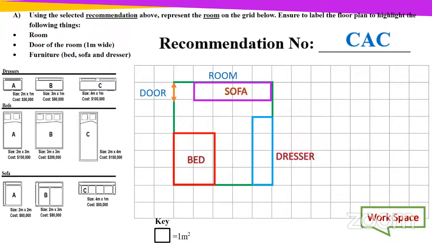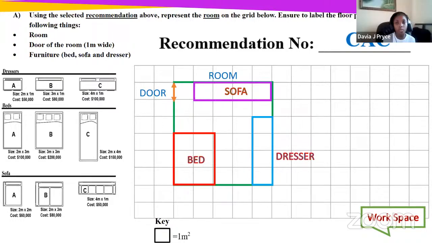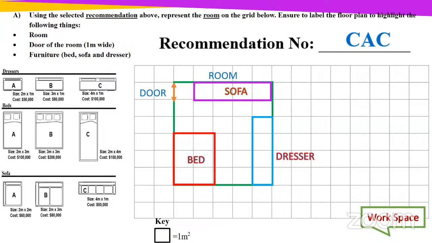Okay, boys and girls. So let us just look at our grid. Do we have all the furniture in our room? Yes, miss. Do we have workspace available? Yes, miss. We can move from bed to dresser and from bed to the sofa and sofa to dresser, right? Yes, miss. Good job. Now, boys and girls, remember, this is not the only way.